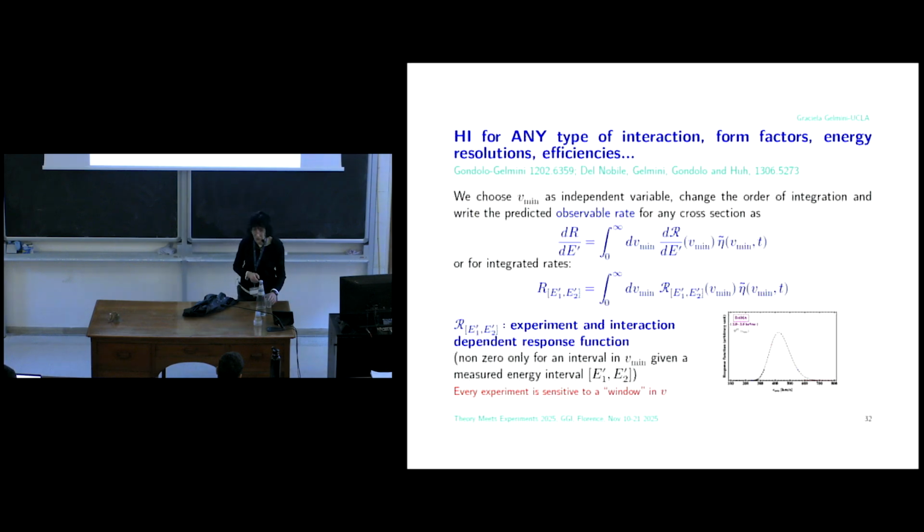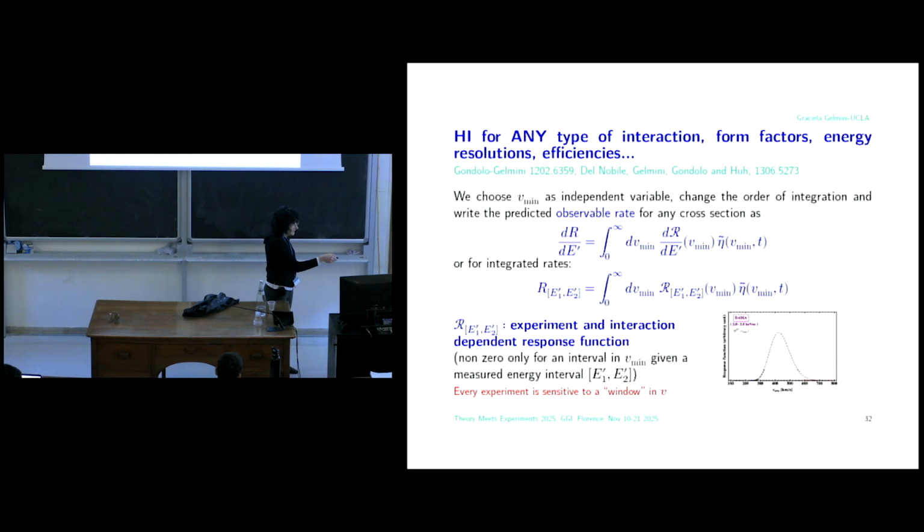Now, this kernel acts like what in cosmology they call window functions. It's a window through which you can peer through to this function. This function is zero for low enough and large enough velocities, and it depends on the resolution of your detector.